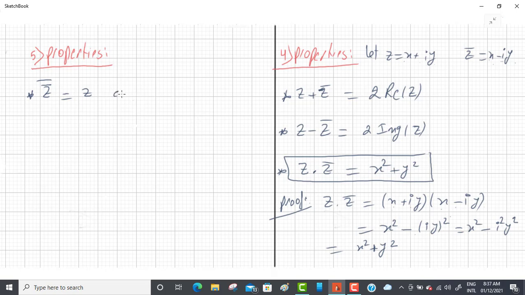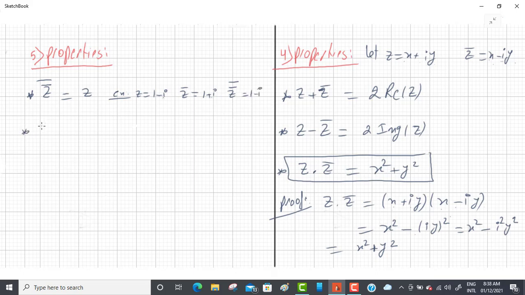For example, z equal 1 minus i. For z bar, you have to change the sign of i, so it's going to be 1 plus i. For z bar bar, you have to change the sign of plus i, so it's going to be 1 minus i.